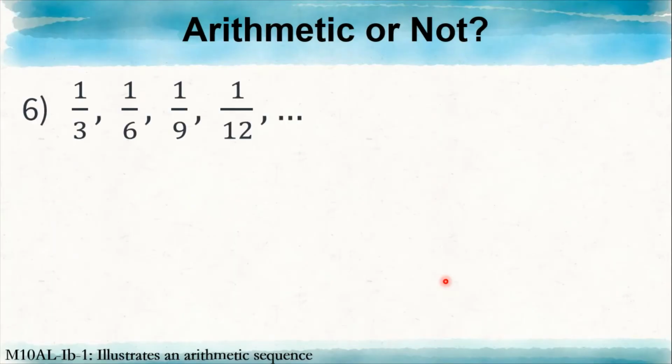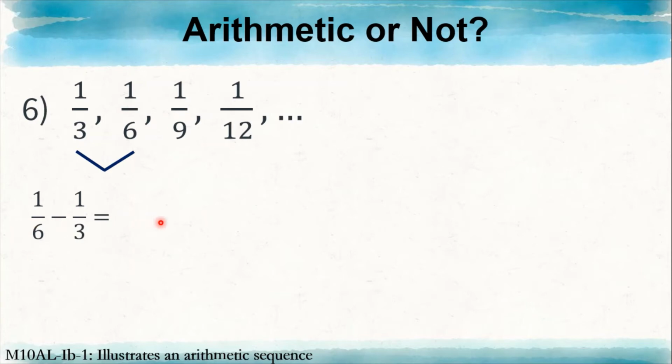Let's try this example. Okay, we have another set of fractions. So we have here 1/3, 1/6, 1/9, 1/12. So wag kayong ma-confuse na sabihin nyo arithmetic or hindi agad arithmetic. Kailangan i-solve ninyo. So try natin kunin ang difference between 1/6 and 1/3. So second term minus first term. So 1/6 minus 1/3, hindi tayo basta-basta magsasubtract ng fractions. Kailangan pareho ng denominator.